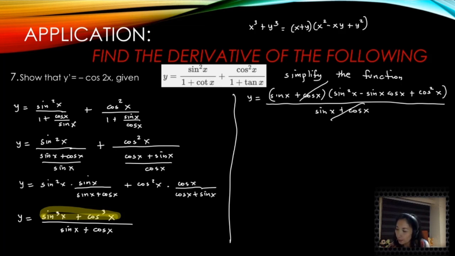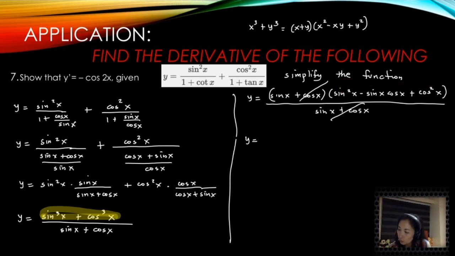So y prime then is equal to, or sorry, not y prime yet. It's just y. Y is equal to, now, from your Pythagorean identity, sine squared x plus cosine squared x is equal to 1.